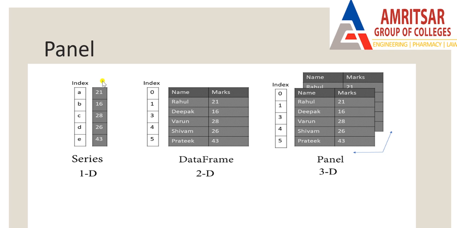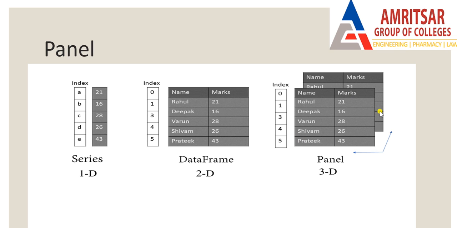Panel is also used to store heterogeneous type of data. It is hard to represent a panel graphically because it is always represented in 3D. You can see here also there are different indexes and different data.